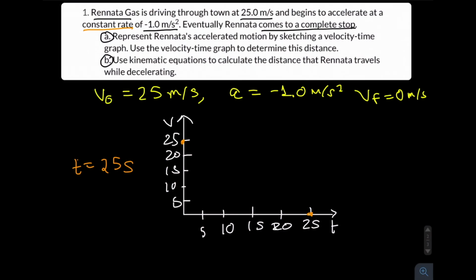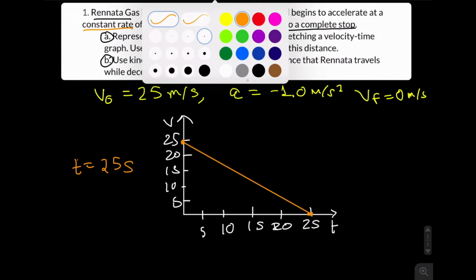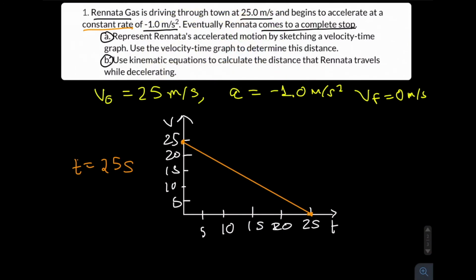So this is going to be a straight line. It's close enough, right? This is our velocity versus time graph, because we started at 25 meters per second and ended at 0 at 25 seconds, and we constantly slowed down. So that's essentially the first question done. That's our velocity versus time graph.